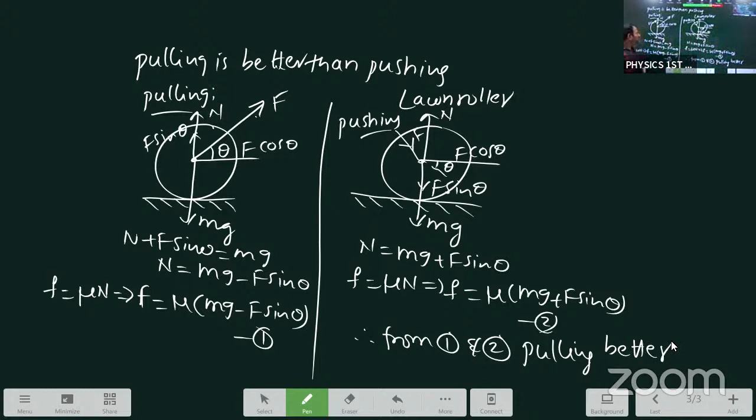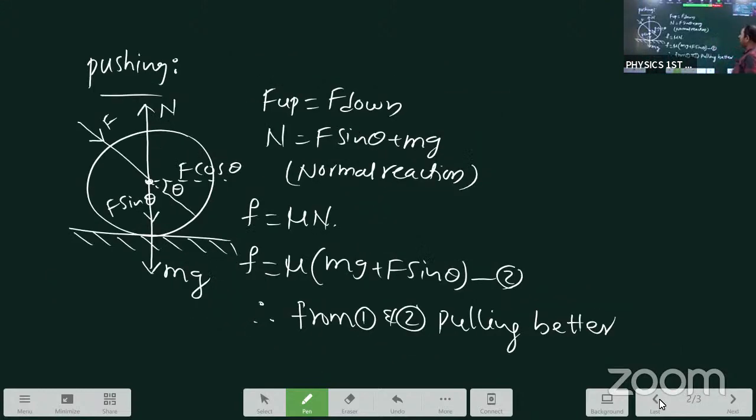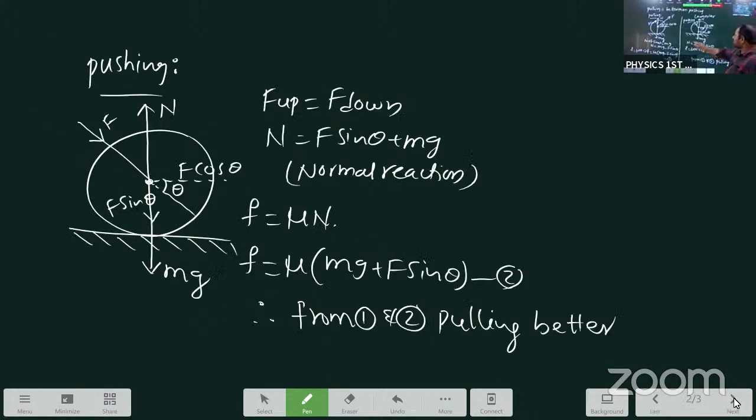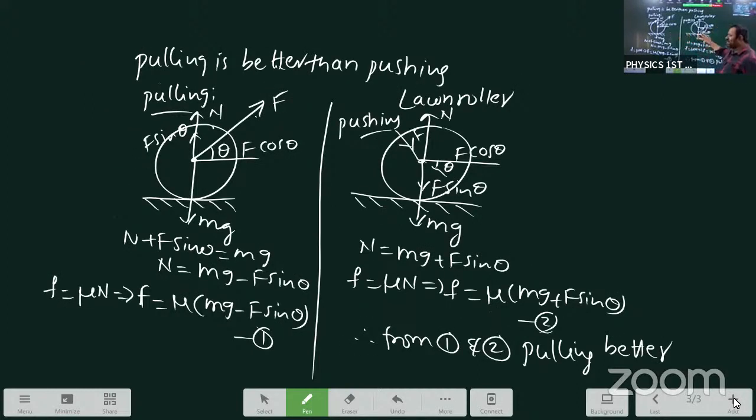This lawn roller explanation is 100% the same as the previous explanation. You can get full marks, student, 4 marks. In the previous case, like this diagram, just a somewhat explanation. In the present case, one side pulling, one side pushing.